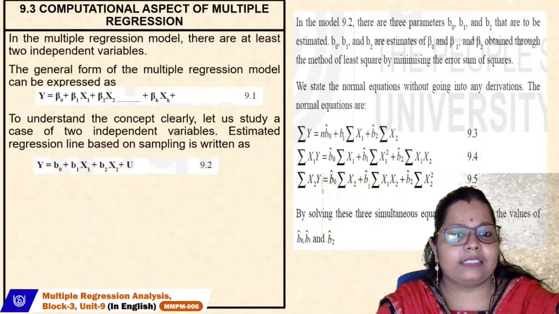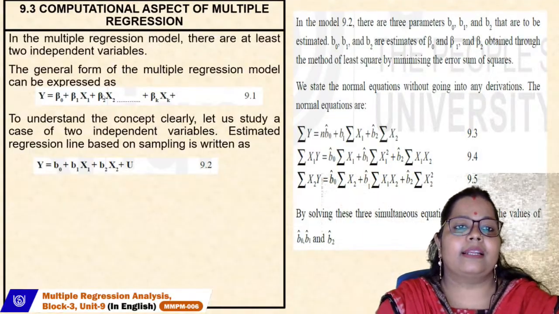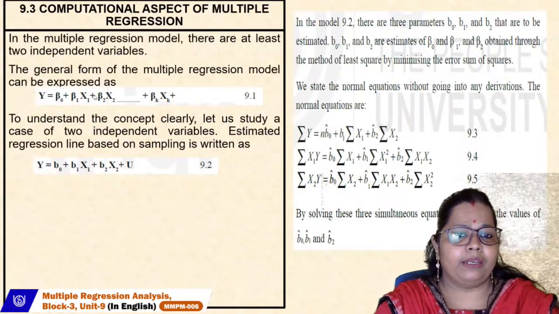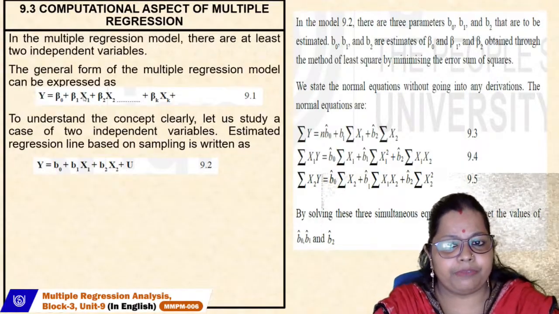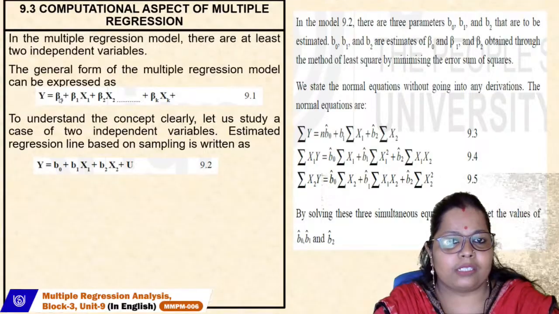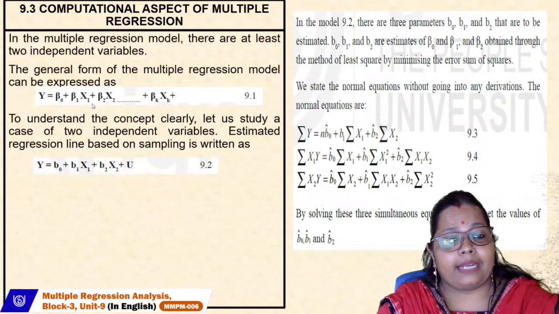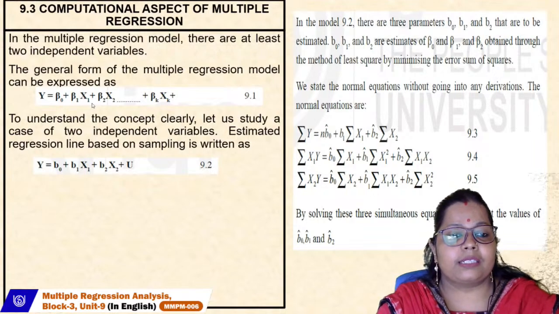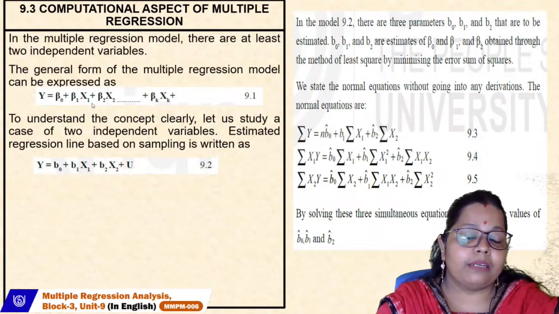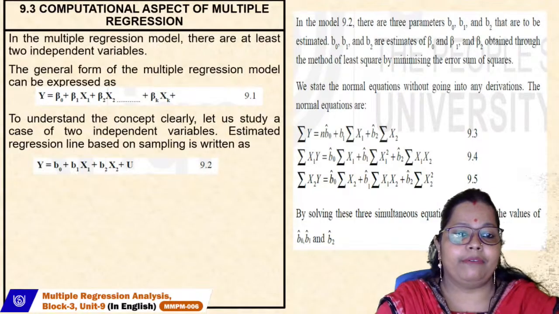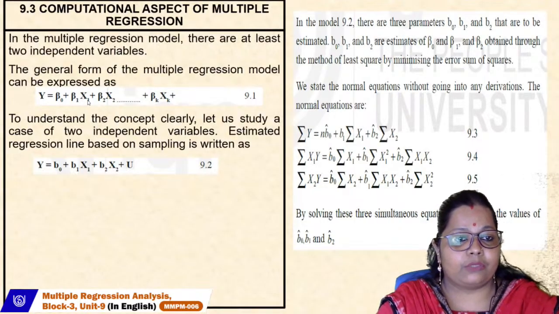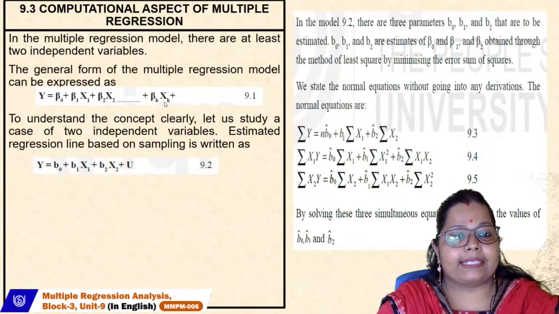But here, as it is a multiple regression analysis, there are multiple independent variables. As in the previous model, there is a constant, that is beta 0, but we have other coefficients for the set of independent variables, that is beta 1 x1, beta 2 x2, and so on up to beta k xk.